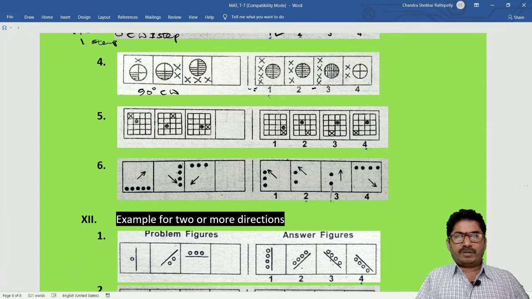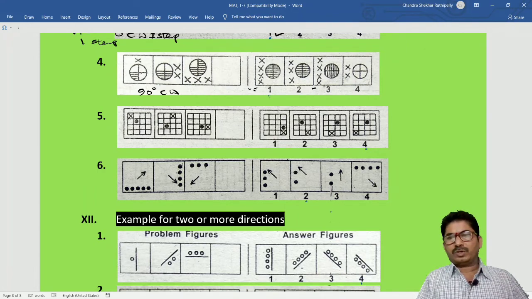Next we have to identify these shaded portion circles. 1, 2, 3, next 4, first to third. Okay, these are also shaded. In this, horizontal lines, horizontal lines, horizontal lines.